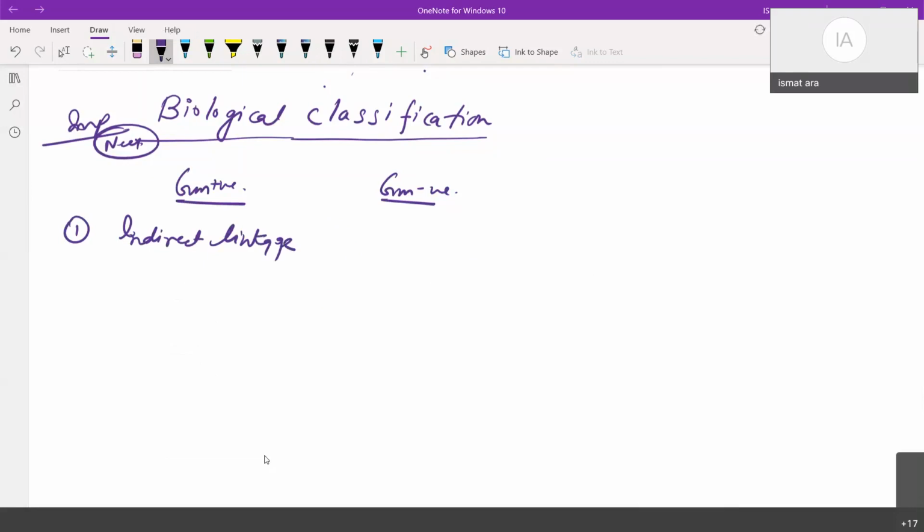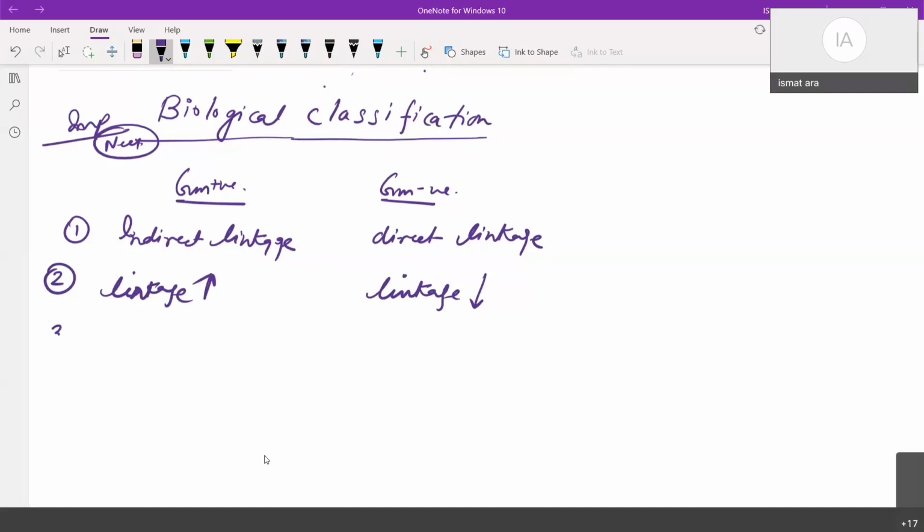In gram-negative, direct linkage. Okay. Here, number of linkage is more. Number of linkage is more. Here, number of linkage is less. Okay. They are thicker. Thicker in the sense like in gram-positive bacteria, peptidoglycan is thick, around 150 to 200 angstrom. And they are thinner, like 70 to 120 angstrom.